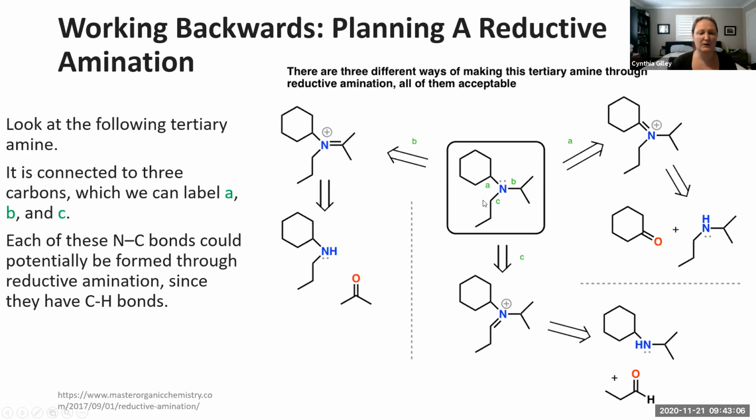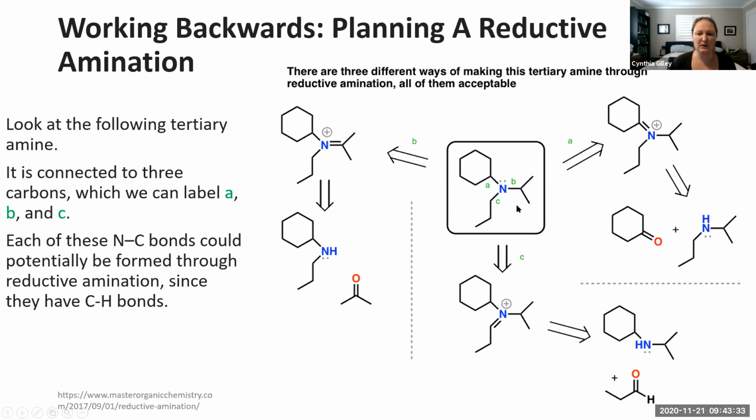Let's think about doing a retrosynthetic analysis, which means working backwards to plan a reductive amination. For example, if you were thinking about preparing this tertiary amine through a reductive amination, there's actually 3 retrosynthetic pathways that are available to you. You can make any of these 3 different carbon-nitrogen bonds.